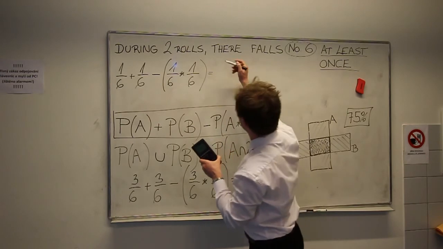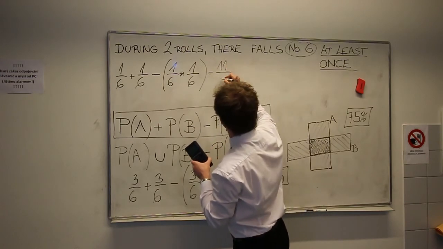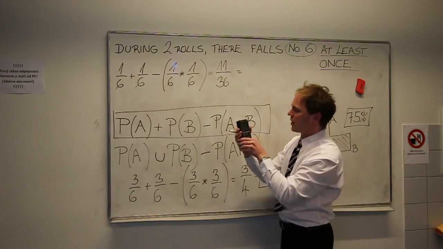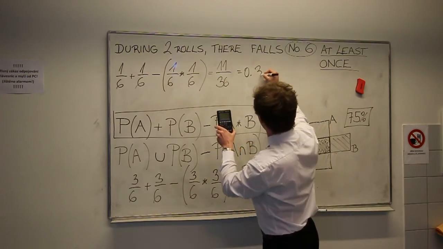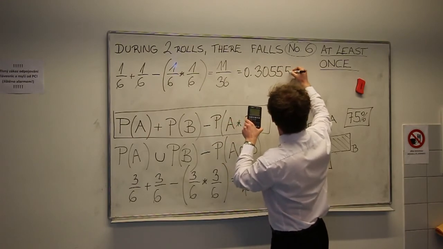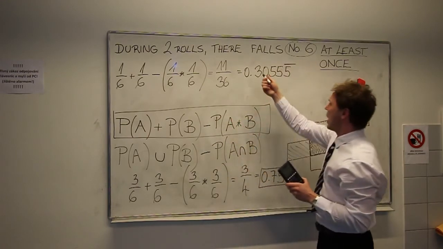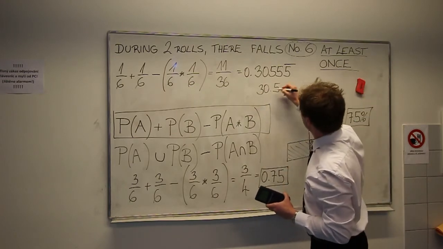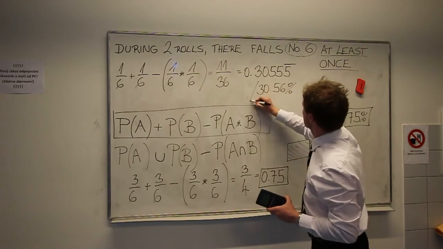1 divided by 6 plus 1 divided by 6 minus multiplication 1 divided by 6 times 1 divided by 6. Enter 11 divided by 36. This can be rewritten like 0.3055 periodical, and this in percentage is 30.56%.